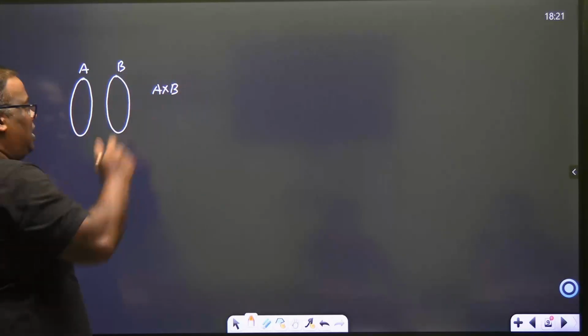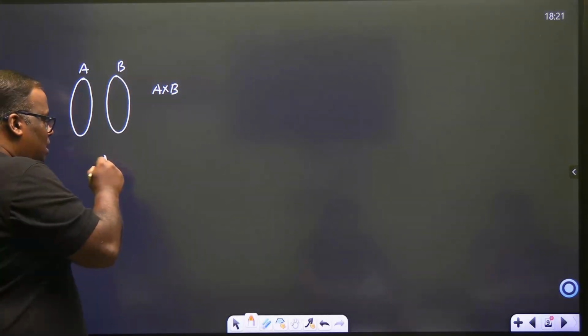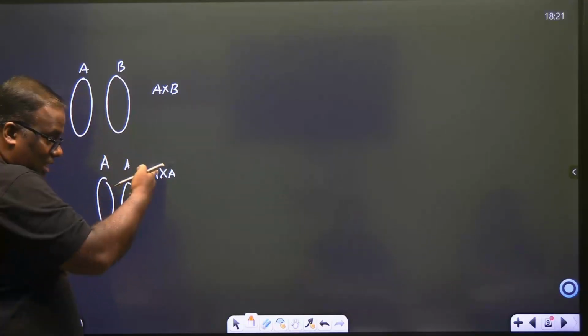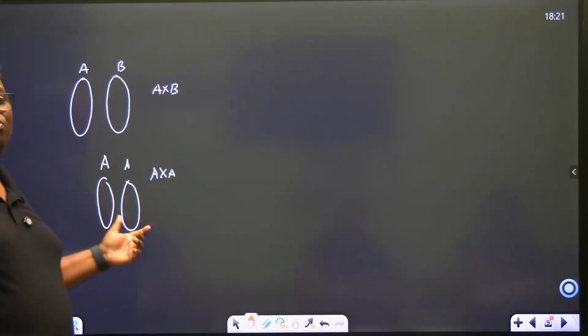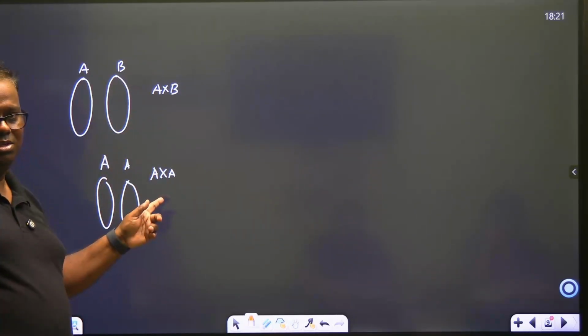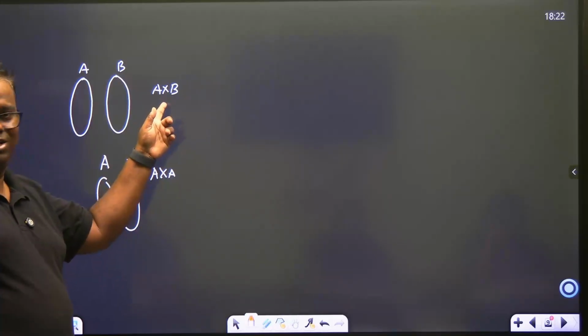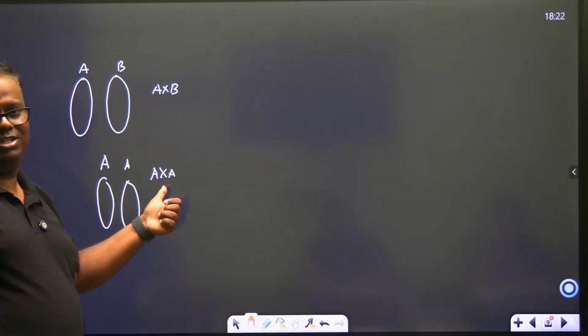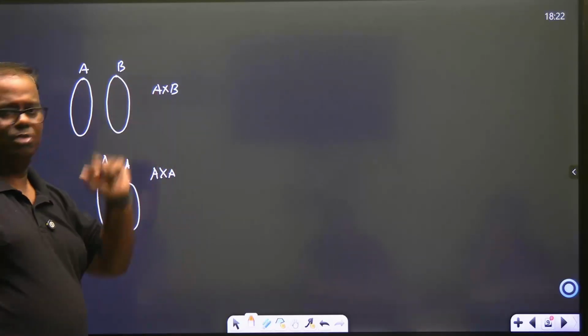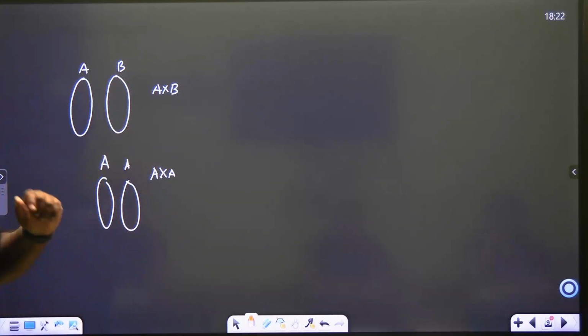In grade 12, you have an A and another A. When you create A cross A, yes, this is a Cartesian product, but it is also the universal relation. There's a difference between these two. There, everything will not be a relation. Here, everything is a relation, because you're mapping to yourself. Is that clear?